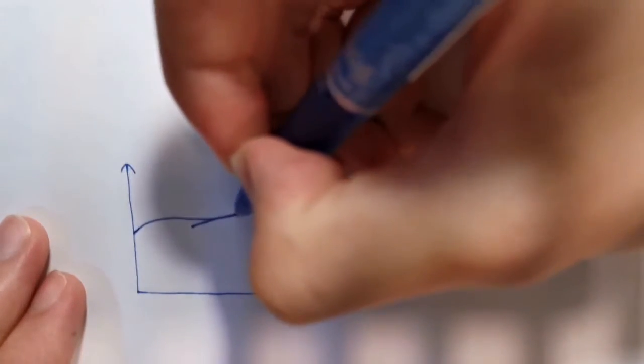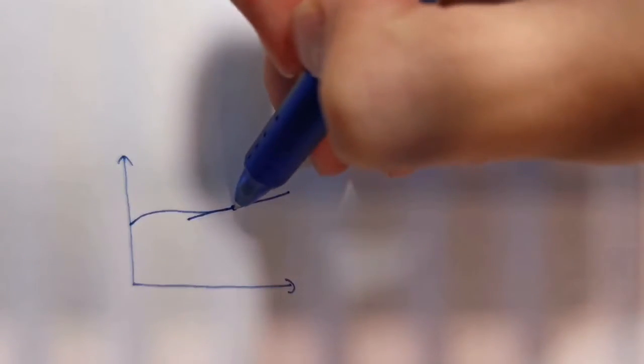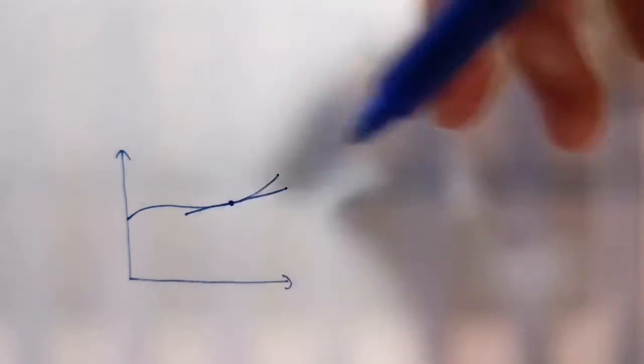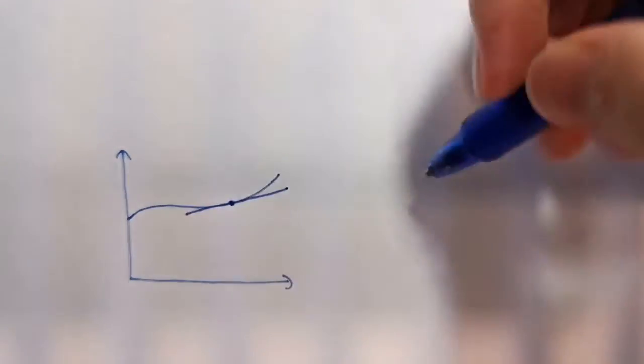But look at what I explained just now. Differentiation is, given some graph, the rate of change or gradient at some point on the graph. So it's basically relating the graph to its gradient.